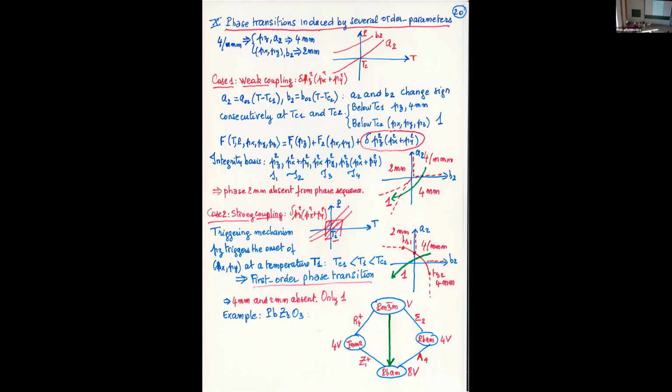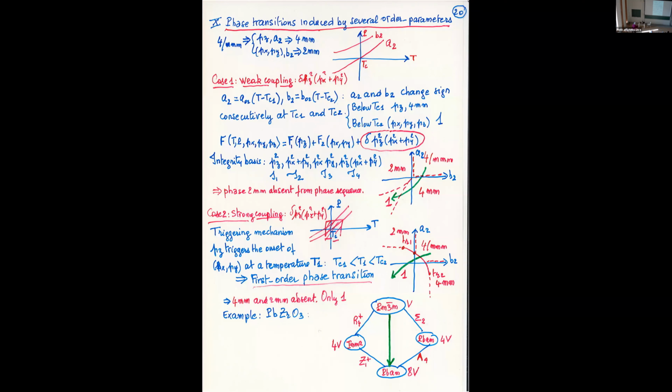Then you cool, and then the second, B2, crosses TC and changes sign, and so you will have a phase in which you will have the three components, two components coming from B2 and one component coming from the vanishing of A2. But of course, you will not have the symmetry given by B2.